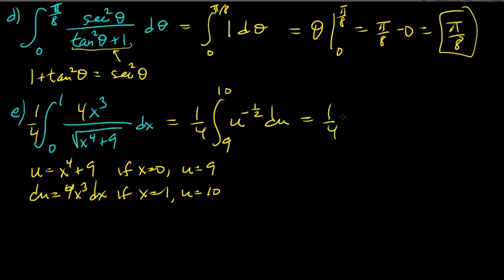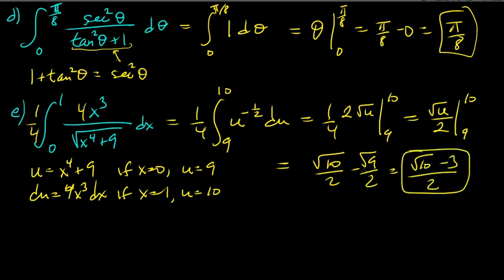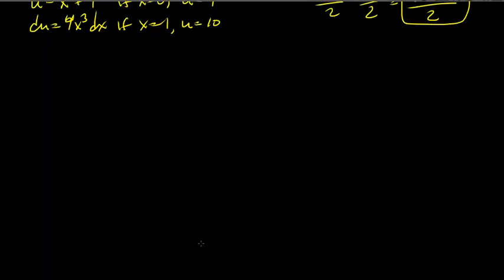And the integral of u to the negative 1/2 is just 2 times the square root of u, from 9 to 10. And 2 over 4 is just 1/2. So this is really just the square root of u over 2 evaluated between 9 and 10. So you get the square root of 10 over 2 minus the square root of 9 over 2, which is the square root of 10 minus 3 all over 2. So I guess that's it for part E.